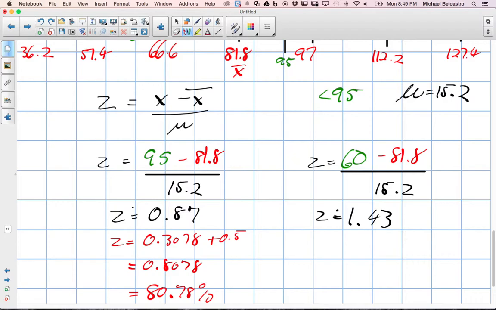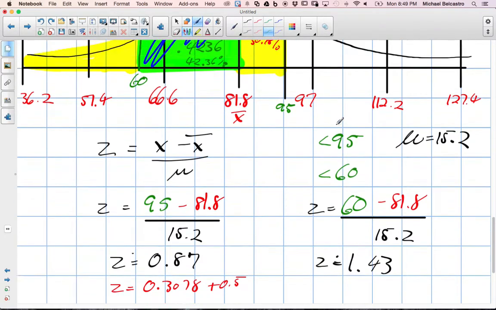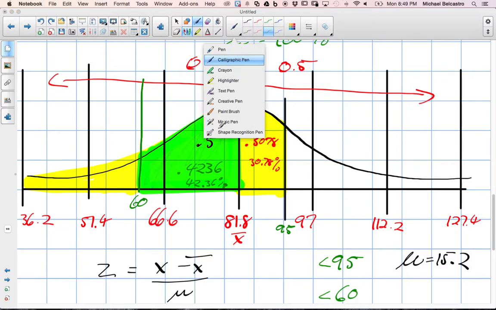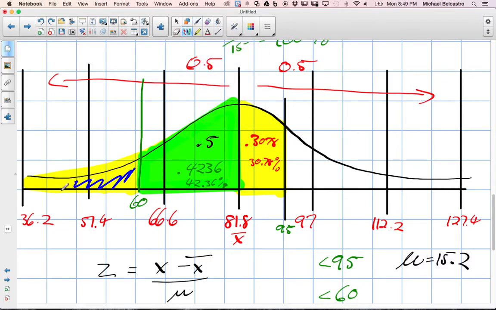Let's say we want to know how many people are less than 60. Okay, same idea. But this time, well, less than 60 is only these people here. So because we know that this represents 0.5, and we just figured out there's 0.4236 in this area, we're going to take 0.5 and subtract this number, and that's how much area is going to be left. And that would be the percentage of people who are less than 60.